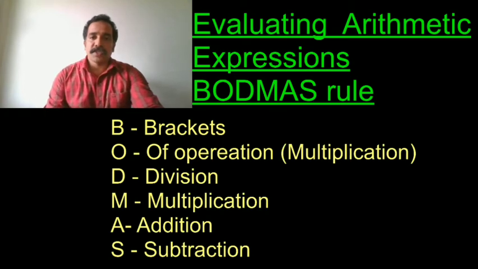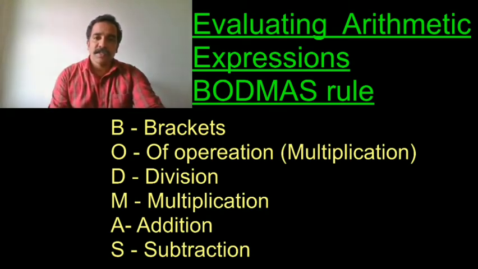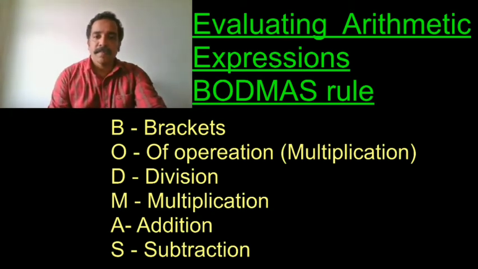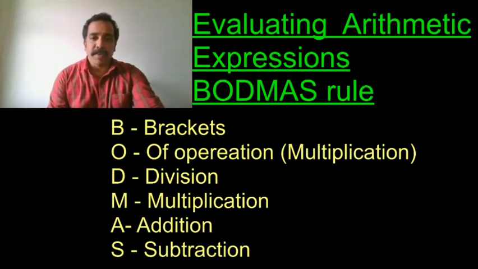In this BODMAS rule, let us see what these letters represent. B means brackets. O, of operation. What is of operation? It is also actually a multiplication only. D for division, M for multiplication, A for addition, S for subtraction.